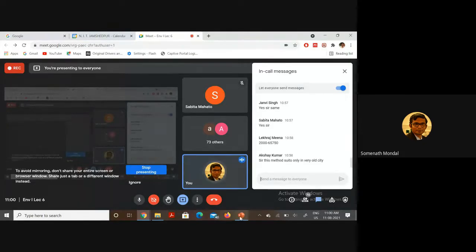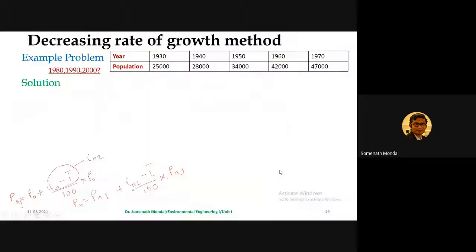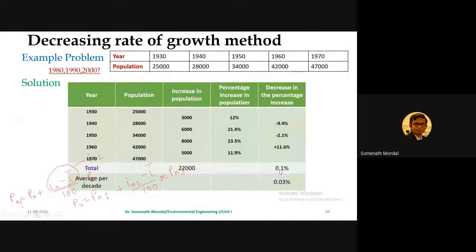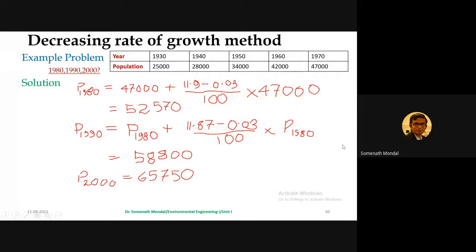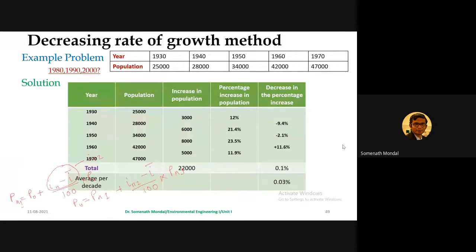So let me show you, for those who could not do it yet. This is the thing which I wanted to tell you, and this is the way we can calculate. So here you see the percentage increase is increasing, 12 to 21, 21 to 23.5. In the last decade it is decreasing, 11.9, and that is why we get a positive decrease in the last decade.